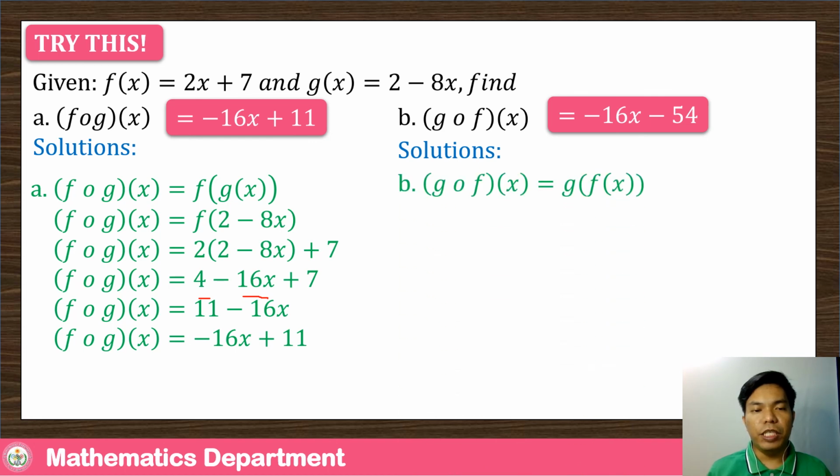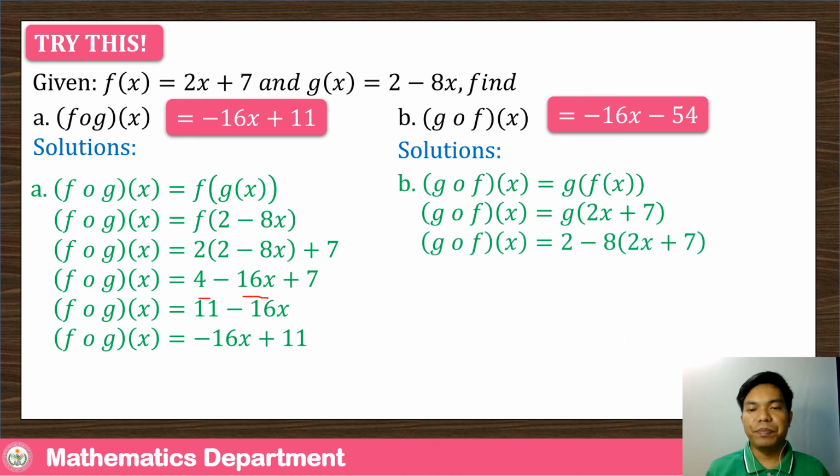While for letter B, ito naman yung ating solution. For g composed of f of x, by definition, this is equal to g of f of x. And then we'll make use of f of x as our input this time. So we'll have g of 2x plus 7. And then that 2x plus 7 will be used to replace our variable x in our function g.